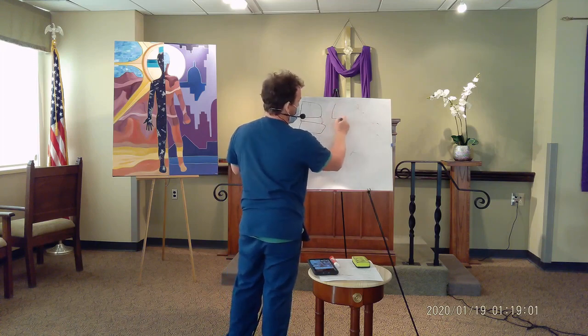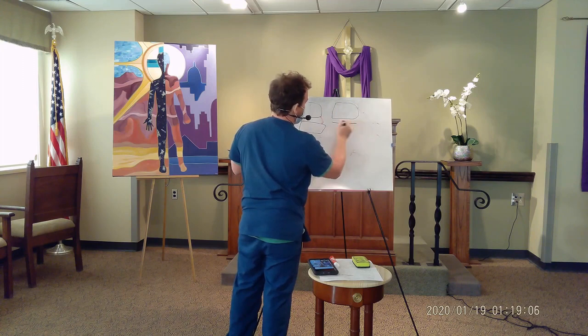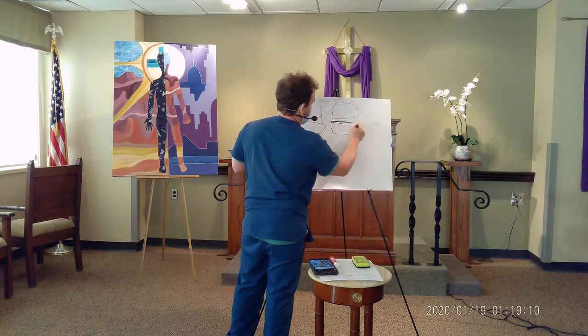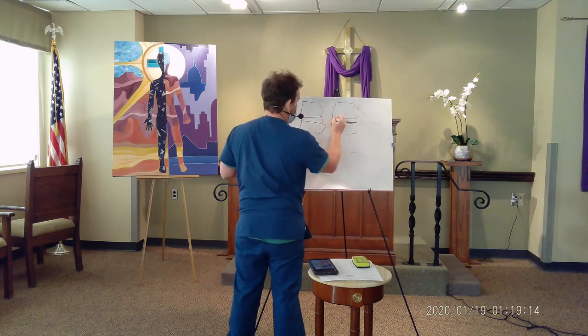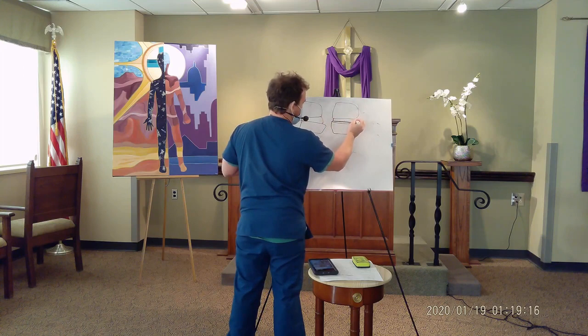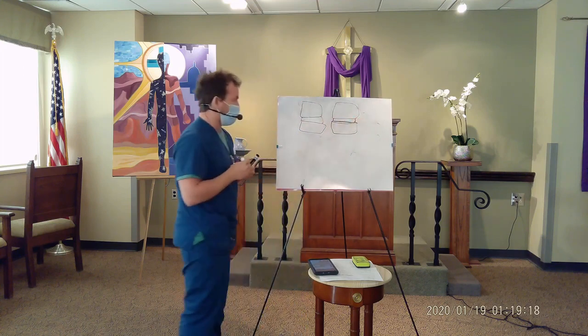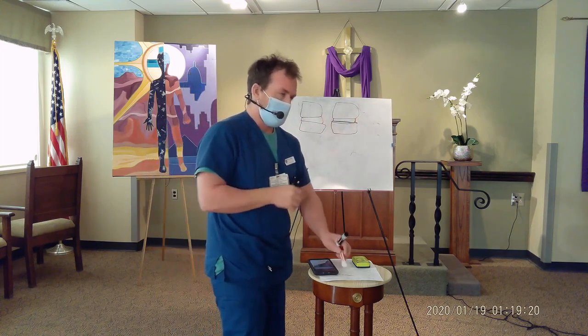So what can happen is something more like this, and I'm not doing a good job of drawing this, but these discs can shrink so that the space in between the discs is less.